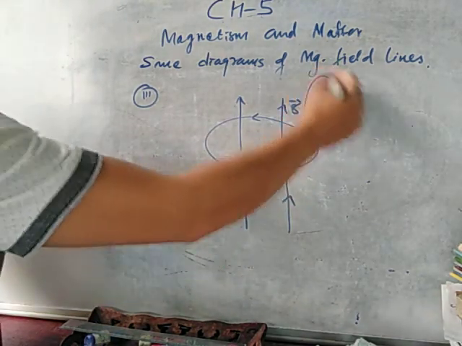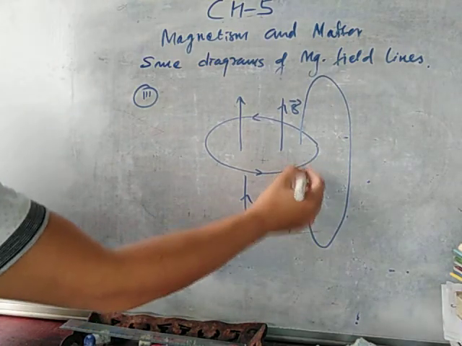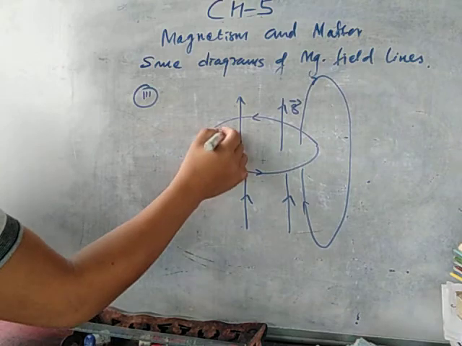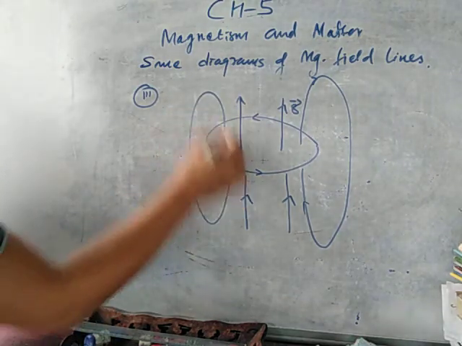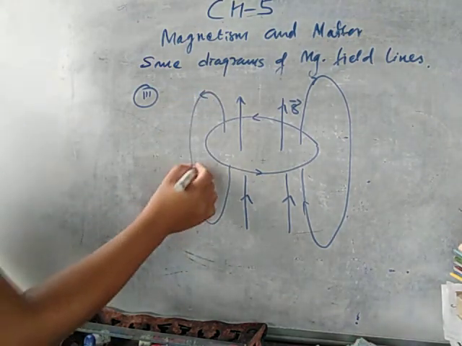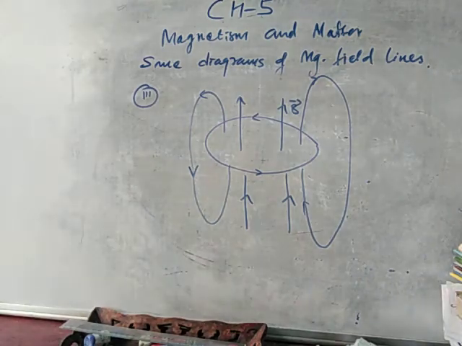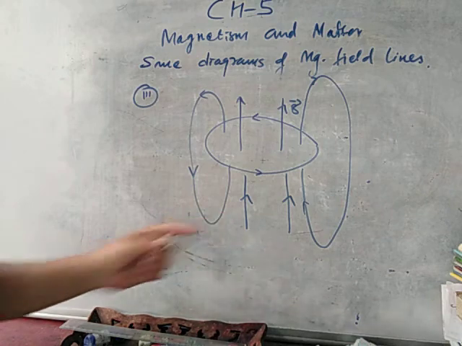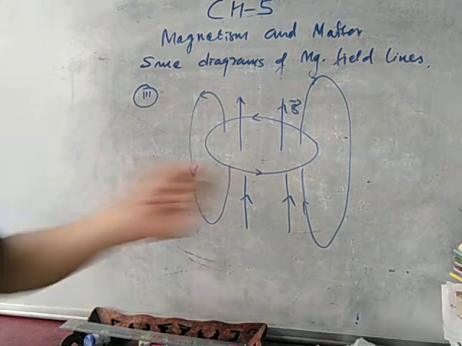So from here we have this type, isn't it? Closed loop, isn't it? So it behaves as a magnetic dipole, isn't it? Like your magnet, isn't it?